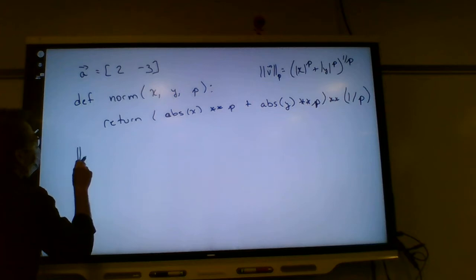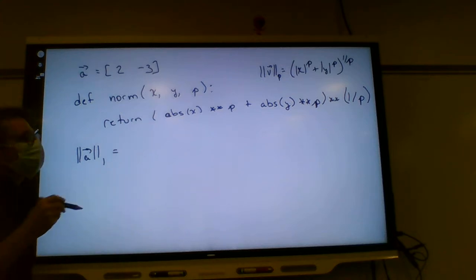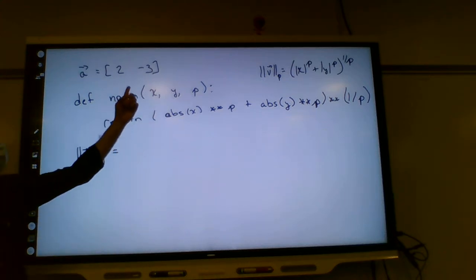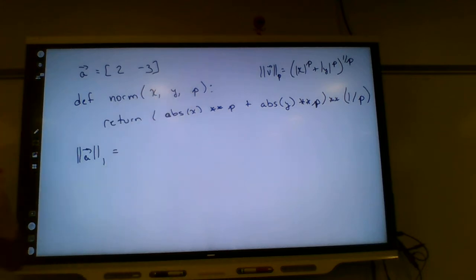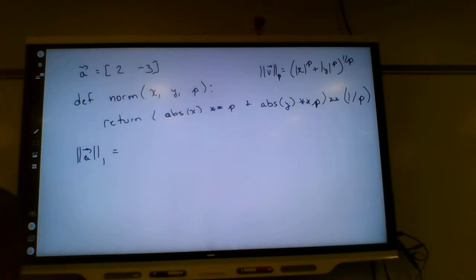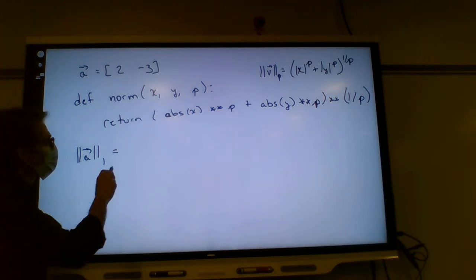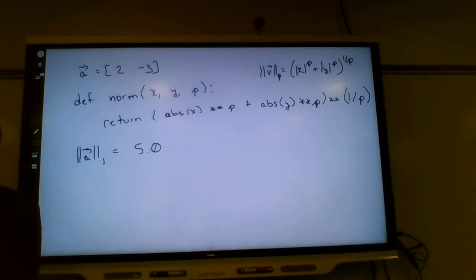What happens if we do the 1 norm in this case? The 1 norm, that would mean norm 2, comma, negative 3, comma, 1. And what should it give us? What does it give us, though? Probably not. Give me 5.0, right? Because it makes a change.